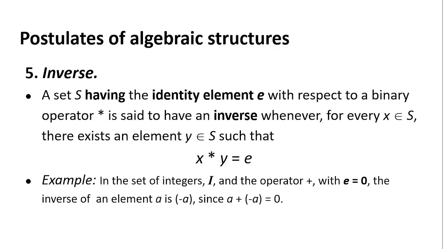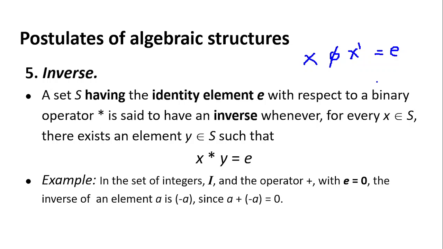Suppose you have an element X and an operator, and there is an inverse element, let's say X bar or X dash. Now if you apply the operator on them, you must get back the identity. If you do that, you say that there exists an inverse.